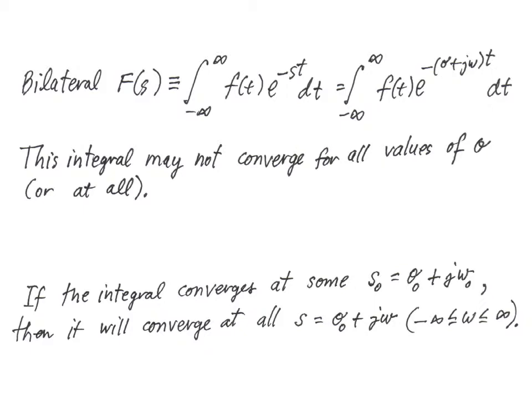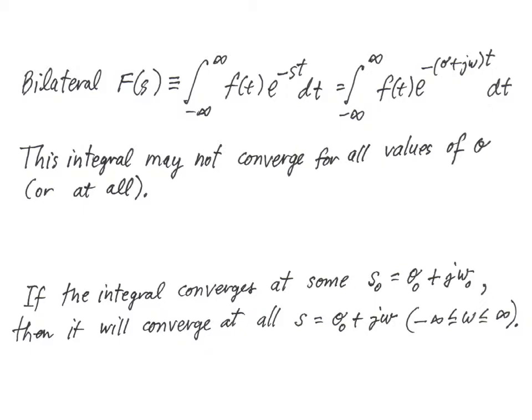But if it happens to converge at some point s sub 0, as shown here at the bottom, where s0 is defined by its rectangular coordinate sigma 0 plus j omega sub 0, if the integral converges at that point, then it will also be true that the integral converges along a vertical line passing through that point.